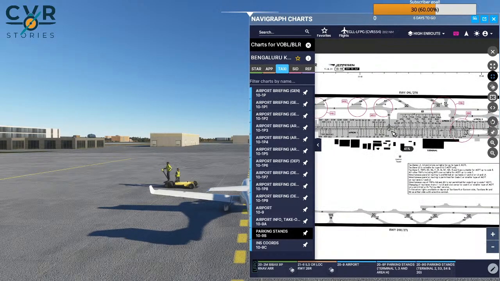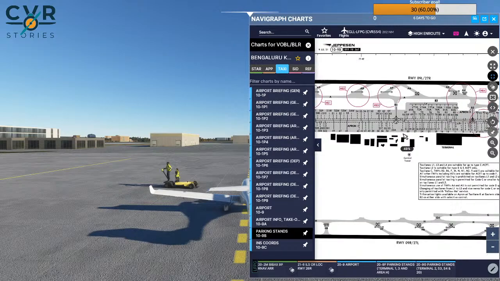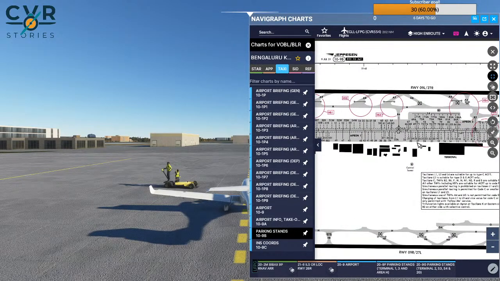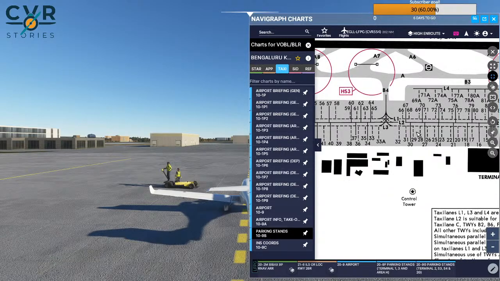So say we had to go from here to 09 left, right? What the ATC would tell us is, clear pushback facing west on Lima 3. So from stand 27, we will push back and we will have our nose facing towards the west. And we see Lima 1, Lima 2, Lima 3. So we will be on this dotted line, Lima 3.